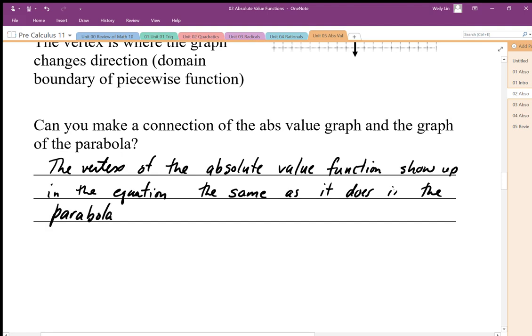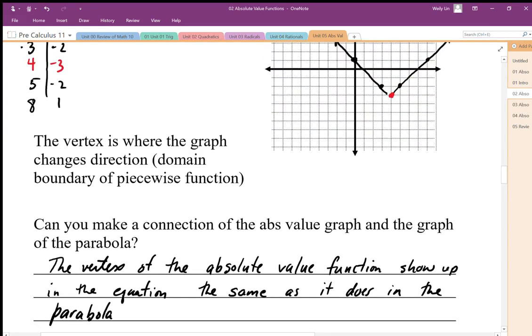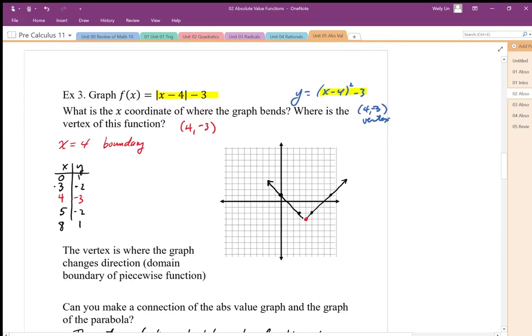This is a connection we want to make, and this is a big idea connection, because you'll start seeing this more and more prevalently. If we take a look at this equation, the vertex of this equation is going to be at (4, negative 3). Similarly, that's how we found the vertex of a parabola.